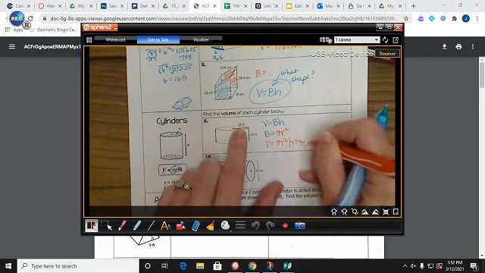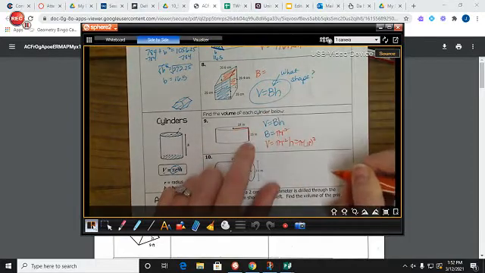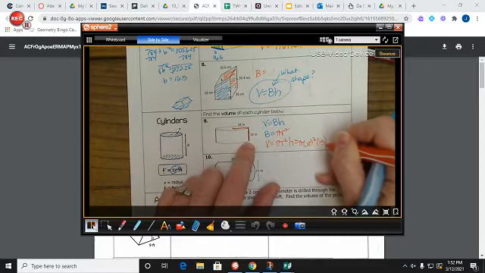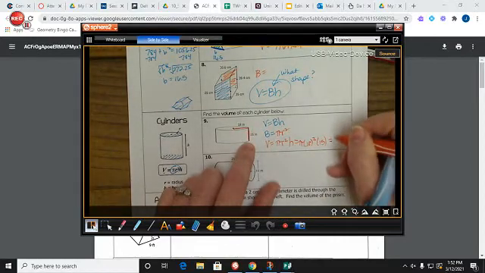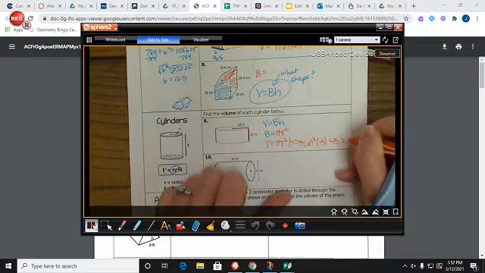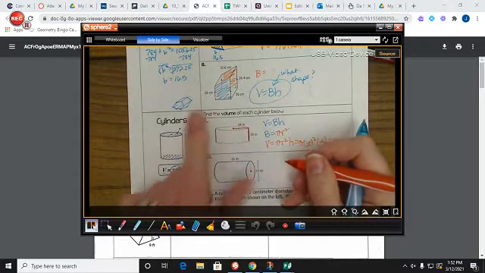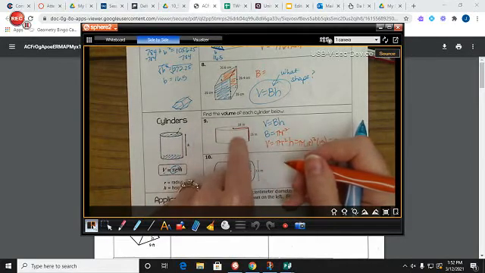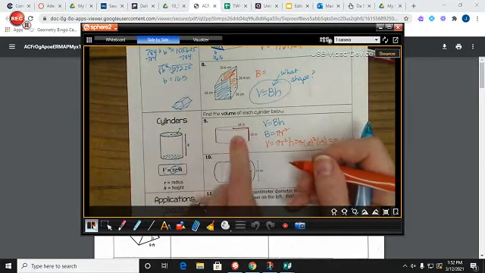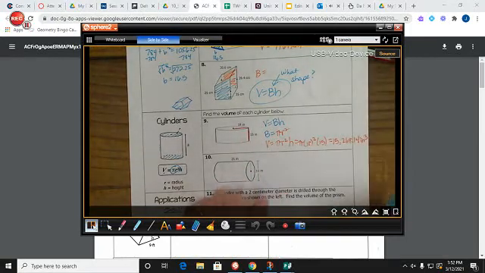I've got pi times 18 squared. And then the height of my cylinder is 15. And so putting that all together in this particular case, I've got 15,268.14. And even though it's rounded, I'm still counting the number of cubes that fit inside here. So this is going to be cubic inches, or inches cubed.